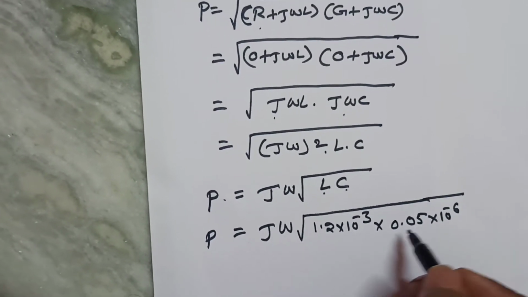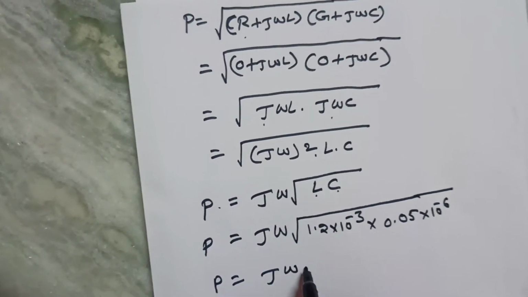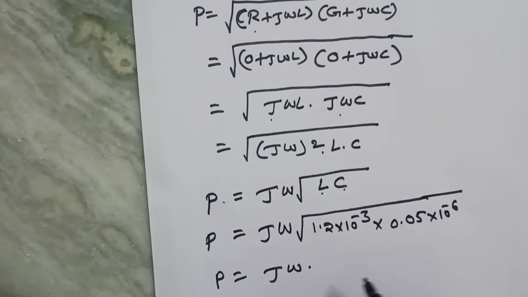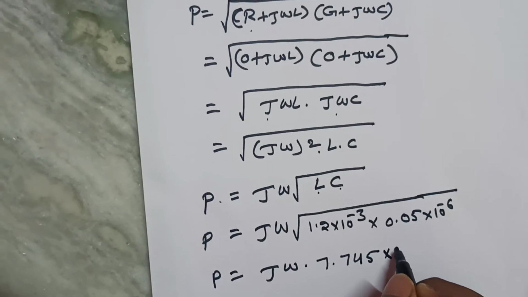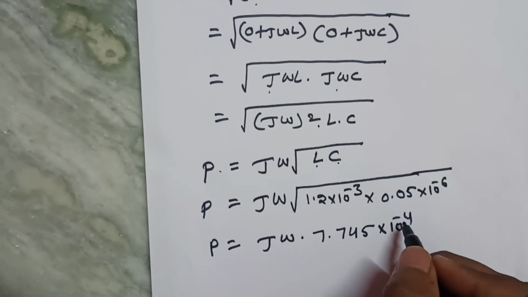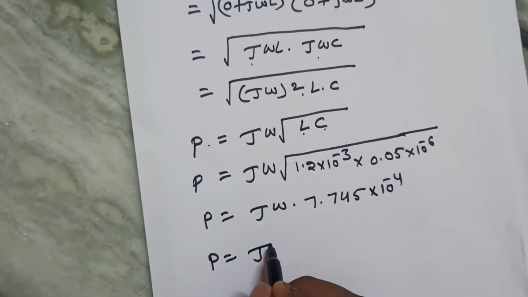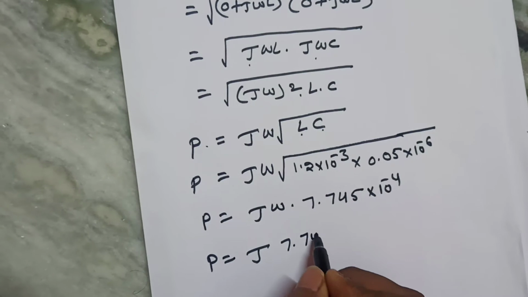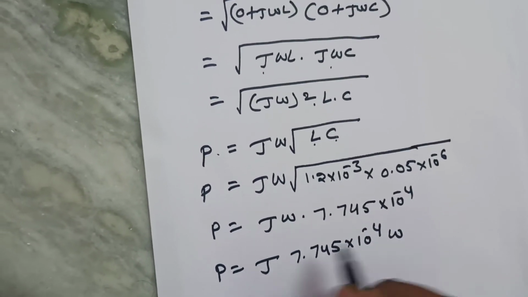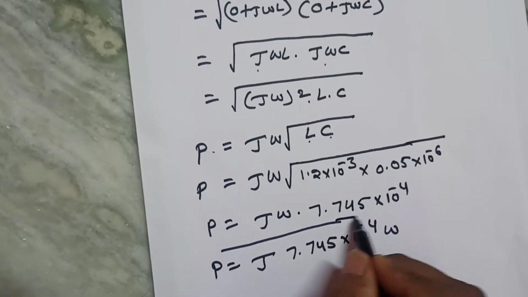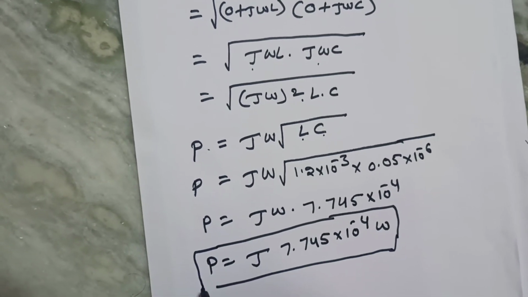After calculating, P is equal to jω into 7.745 into 10 power minus 4. So the equation becomes P equals j of 7.745 into 10 power minus 4 ω. This is the propagation constant value P.